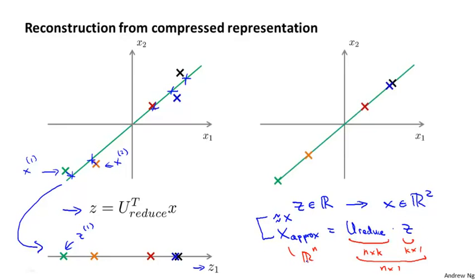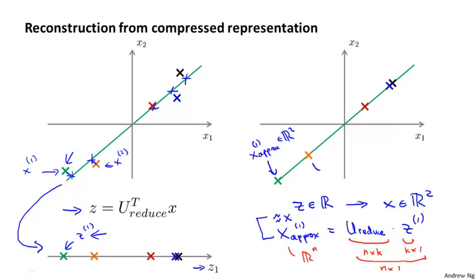To show a picture of what this looks like, this is what it looks like. What you get back out of this procedure are points that lie on the projection of that onto the green line. So to take our earlier example, if we started off with this value of X1 and we got this value of Z1, if you plug Z1 through this formula to get X1 approx, then this point here would be X1 approx, which is going to be in R2.